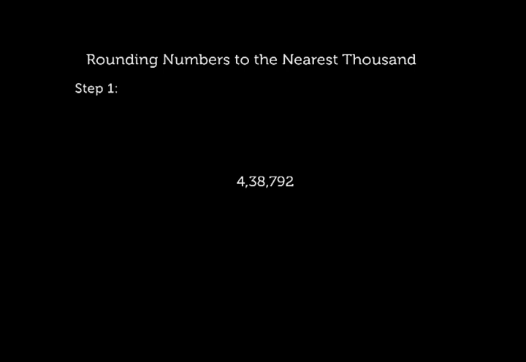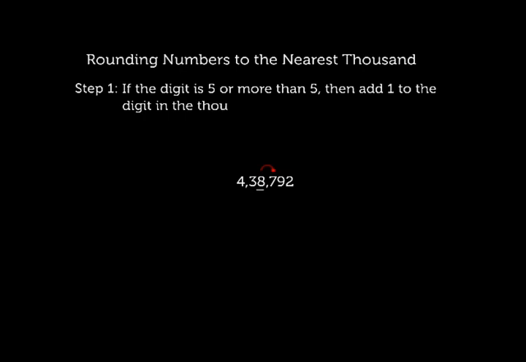Look at the digit to the right of the thousands place. If the digit is 5 or more than 5, then add 1 to the digit in the thousands place. Here, the digit is 7. 7 is greater than 5. Therefore, 8 changes to 9.